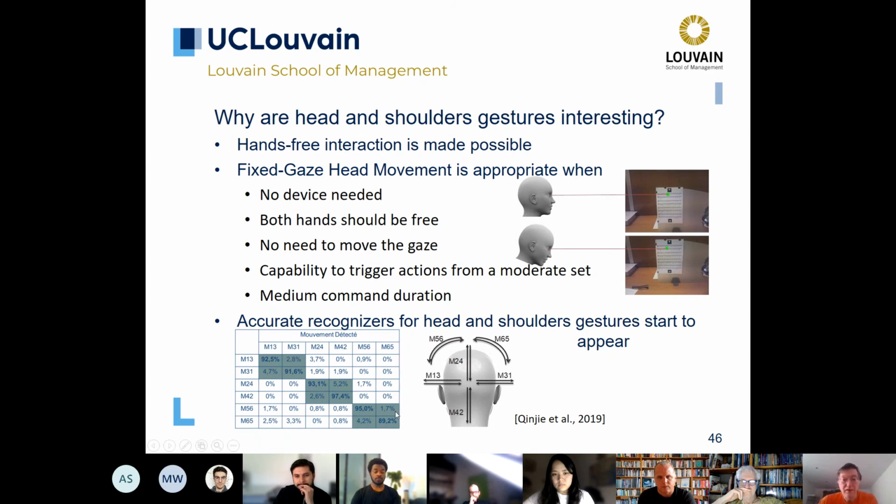And then based on that, she reached a very good recognition rate. As you can see, most of the time it is about 90%. So it's very good detection and very good recognition. So not many confusions. But that's for 6 gestures.